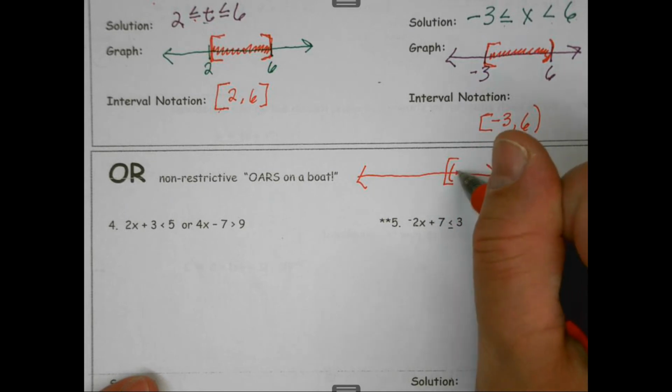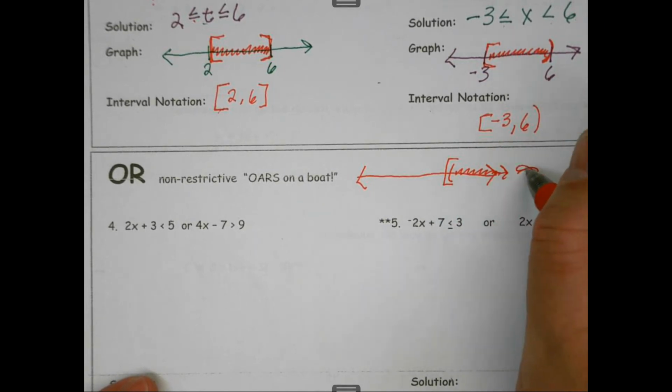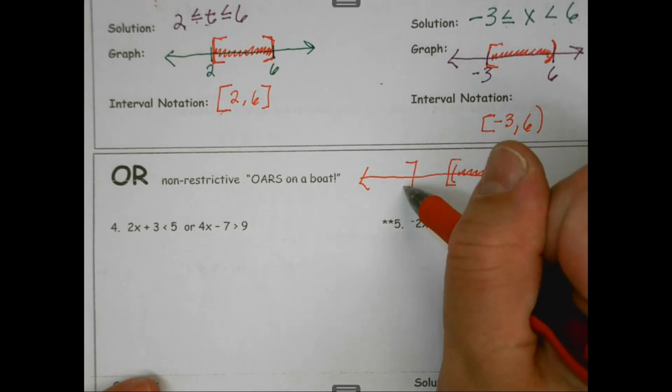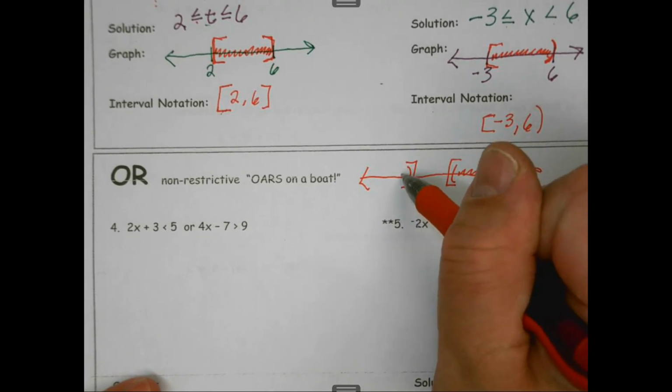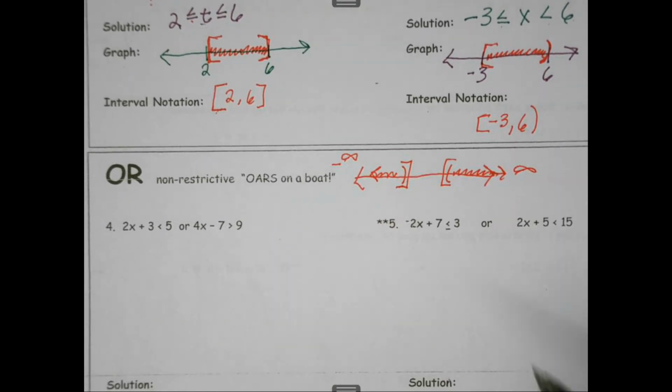And of course, with the symbolization, when you put it in interval notation, it's a union. So either this or this.